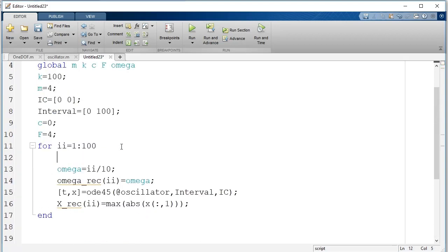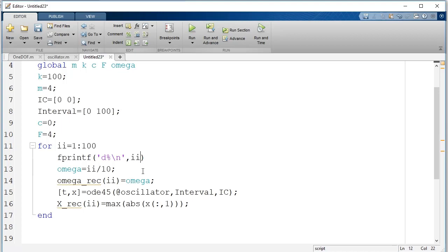Okay, and let's add another line of code here, fprintf, because this loop is going to go for 100 times. Let's have an index for that to see where in the loop we are. So once we are at the first value of the loop, ii equal to 1, it just prints out 1 for us, and then 2, and then 3.